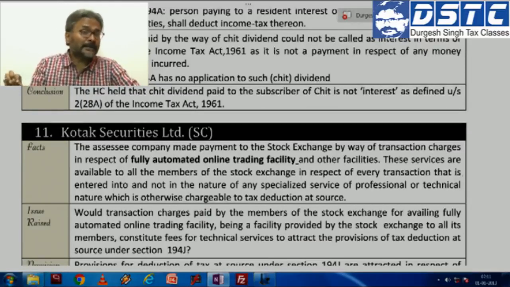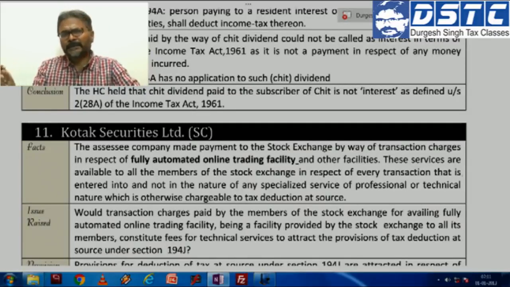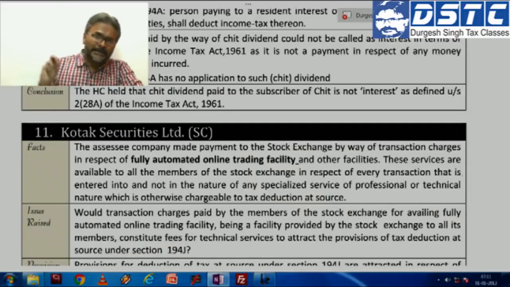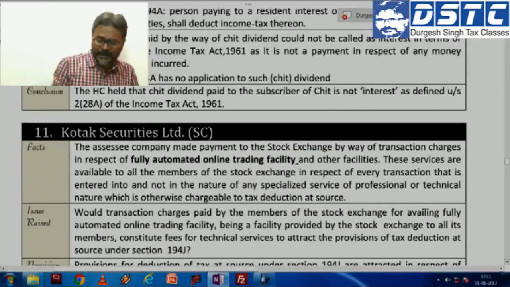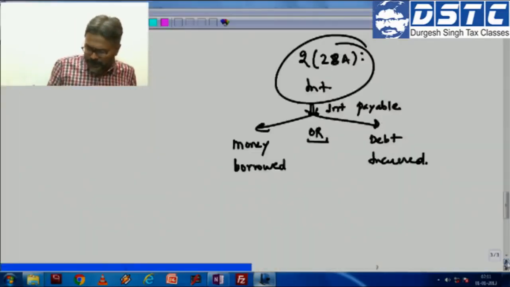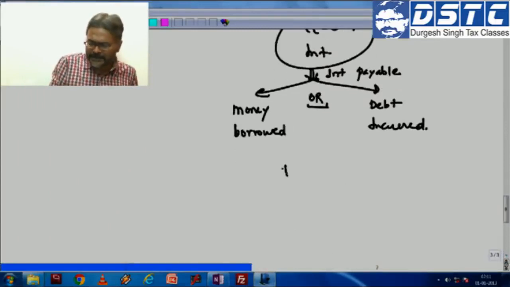Because if you say that it is in the nature of a technical service, then it will be considered as fees for technical service, and hence the payer will be required to deduct TDS under section 194J. So what are the thresholds of a technical service?